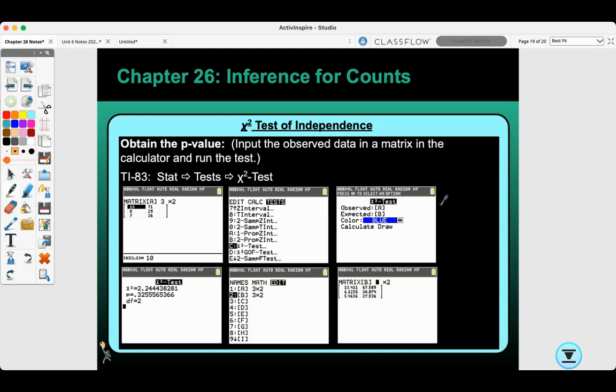So here, our chi-squared test statistic is 2.244. Our p-value is 0.3256, and our degrees of freedom is 2. Again, if you want to see the observed matrix, choose number 2 under matrices, and your observed values will come up so that you don't have to do all the work by hand.